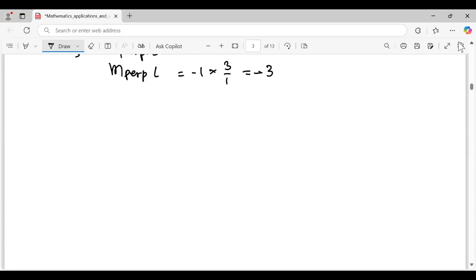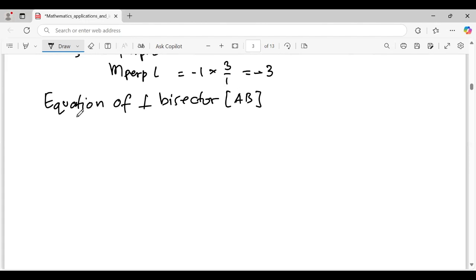And after that, we need to find the equation of the perpendicular bisector AB. Okay, side AB. y minus y1 equals m times x minus x1.